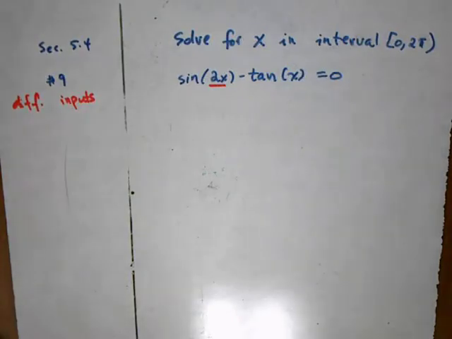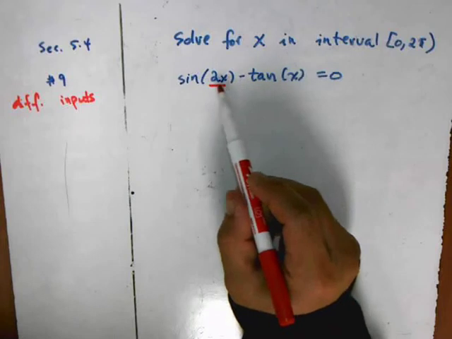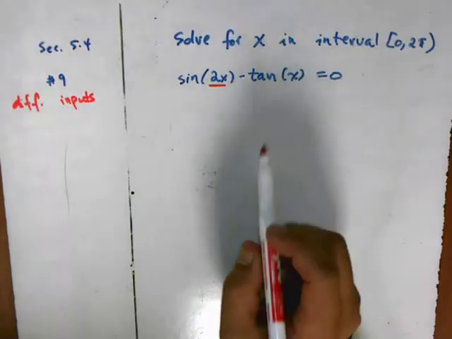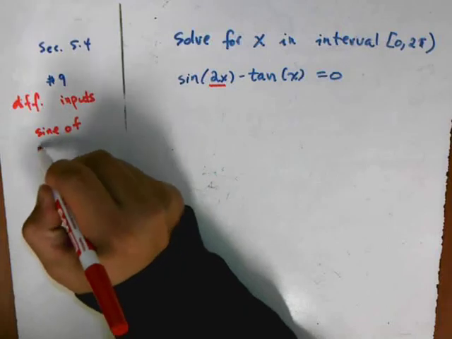One of the things I can do first is deal with the different inputs for a moment here, and I'm going to use the sine of a double angle.